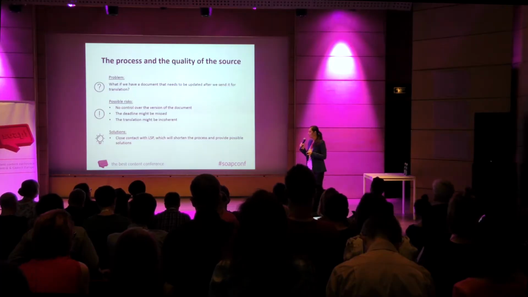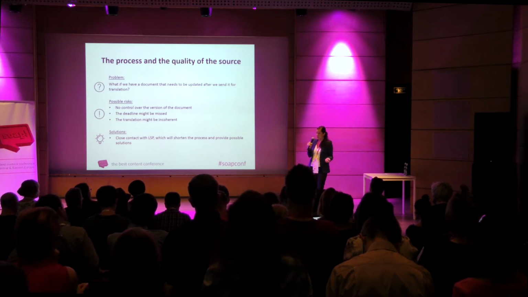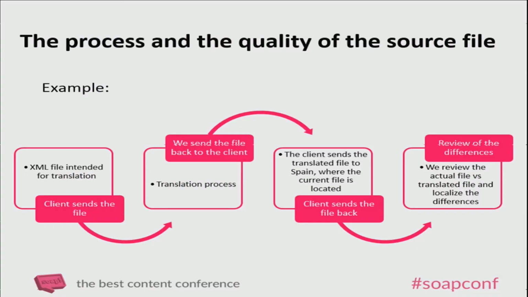And I will give you examples of two companies that have somewhat complicated processes and what mistakes they make. So here you have the translation process. We got the XML file, so again, it's great. And there is the translation process. Of course, it's not only translation, but the QA, the editing, proofreading, graphics formatting, and so on. And we send the file back.